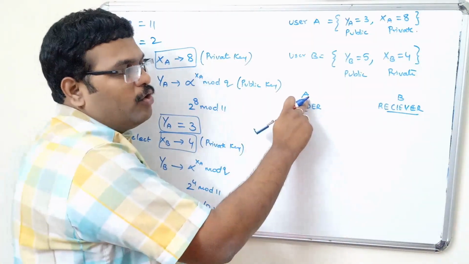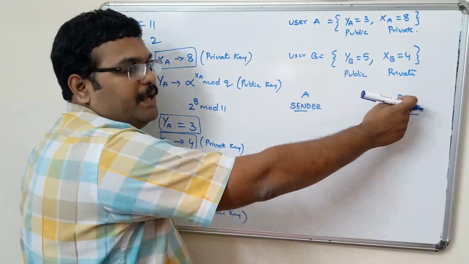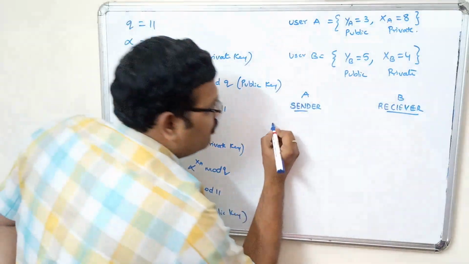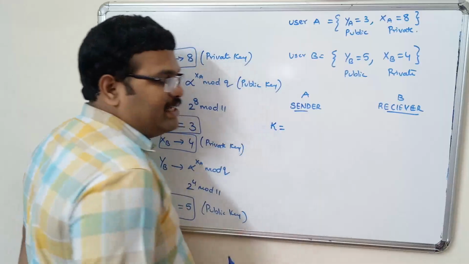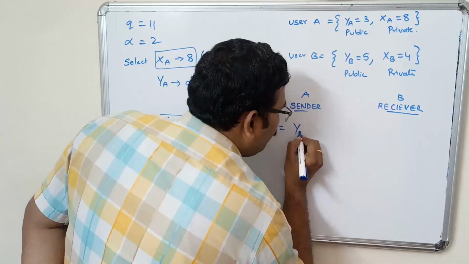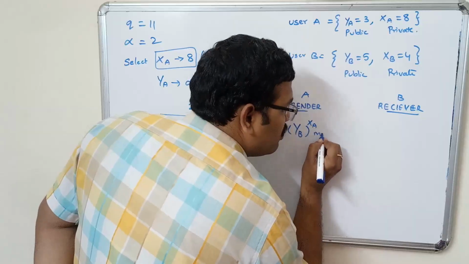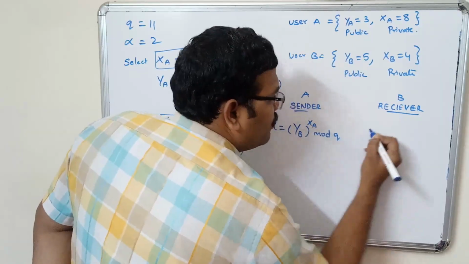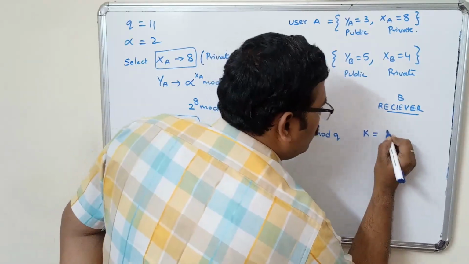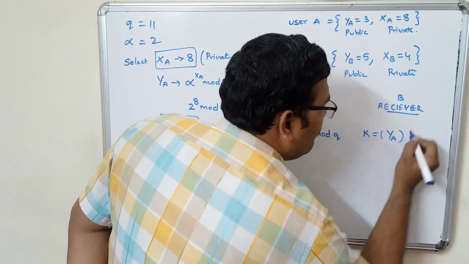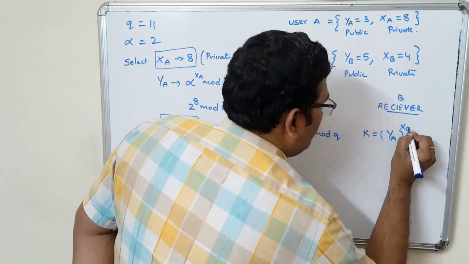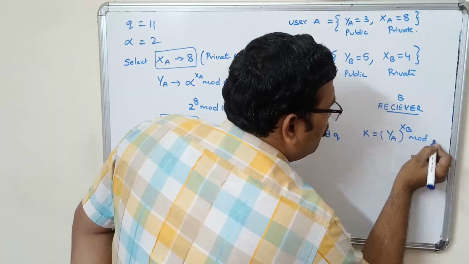So A can know the public key of B and B can know the public key of A. The formula is K equal to public key of B power private key of A, which is not shared, mod q. Here also, K is equal to public key of A power private key of B mod q.